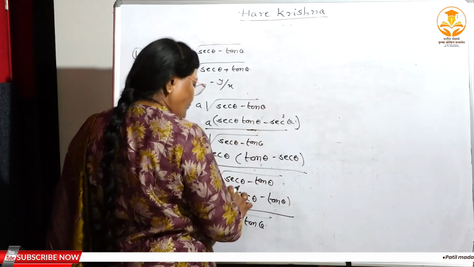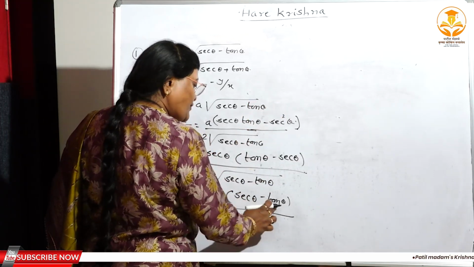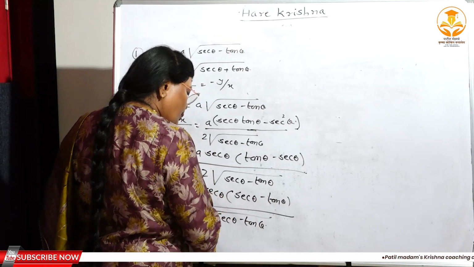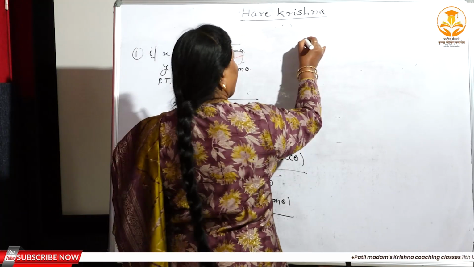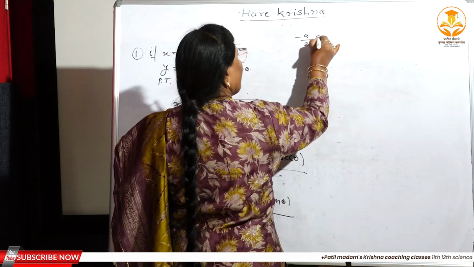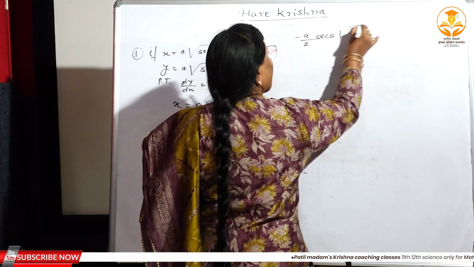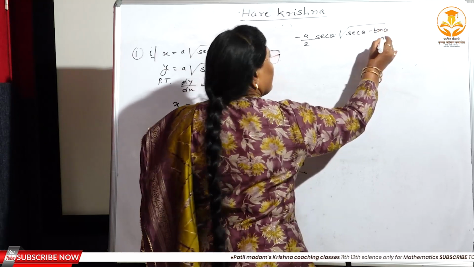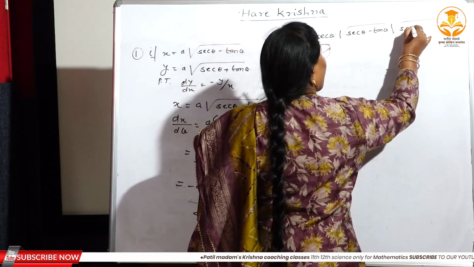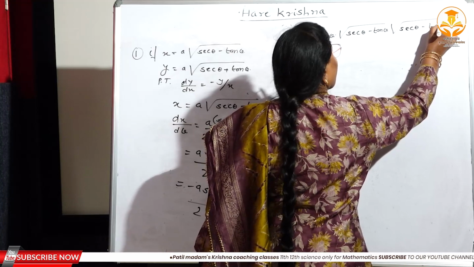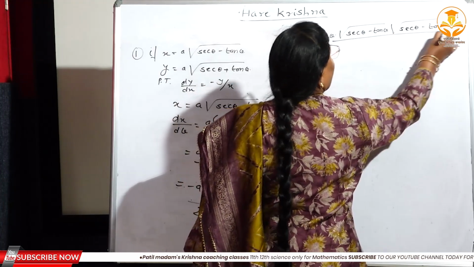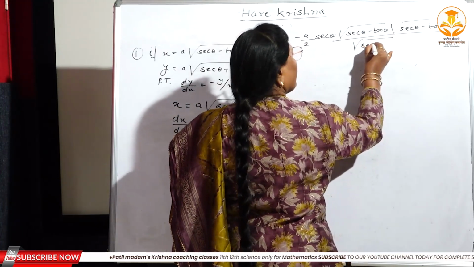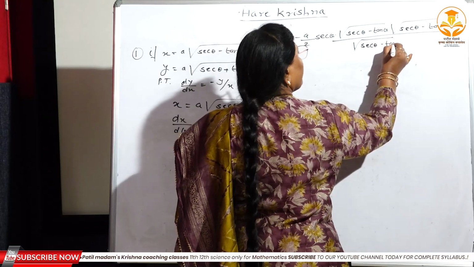So root of sec theta minus tan theta, root of sec theta minus tan theta, one root of sec theta minus tan theta gets cancelled, minus a by 2. This is sec theta. Now here you can write root of sec theta minus tan theta, divided by again root of sec theta minus tan theta.